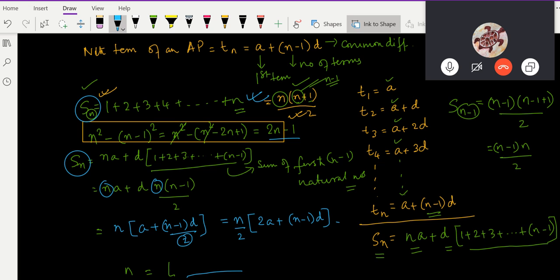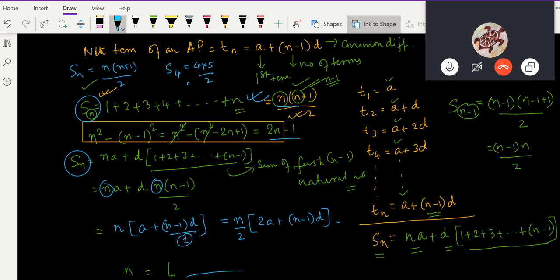Now, see, the sum of n terms of the natural numbers is n into n plus 1 by 2. That means if I want to find the sum of the first four terms, that will be 4 into 5 by 2.